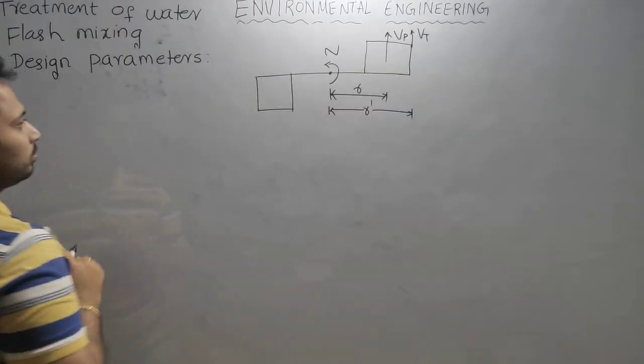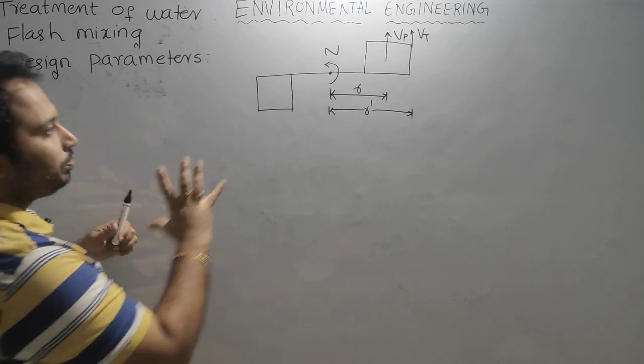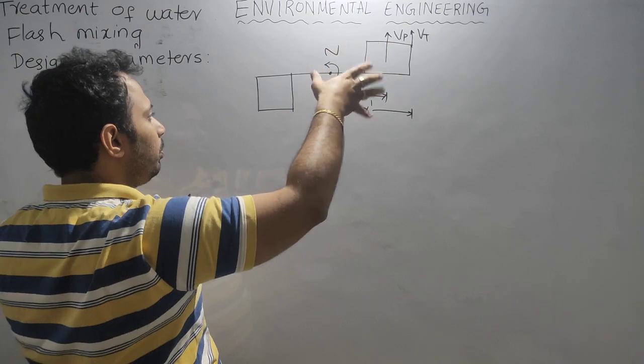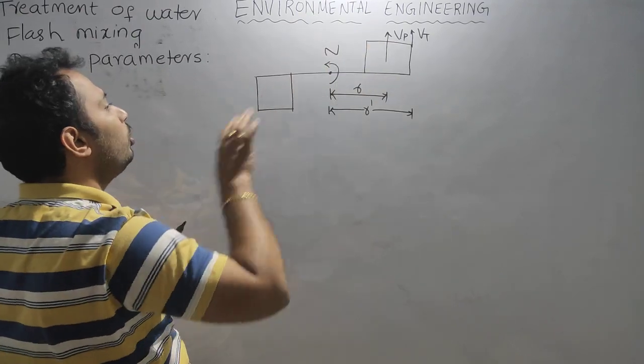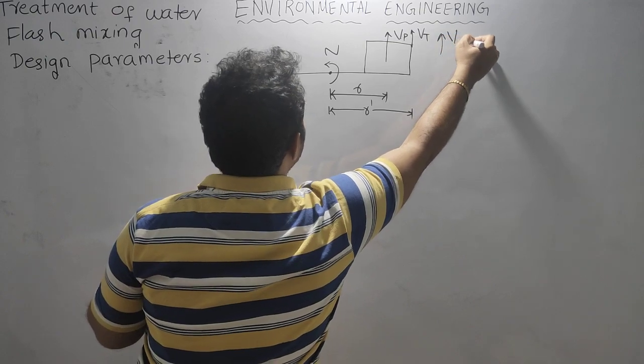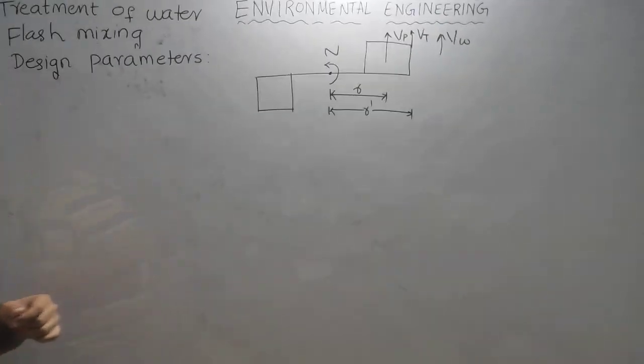Here this paddle is rotating like this. That means it is inducing some velocity in the water. Let the velocity in the water be Vw.